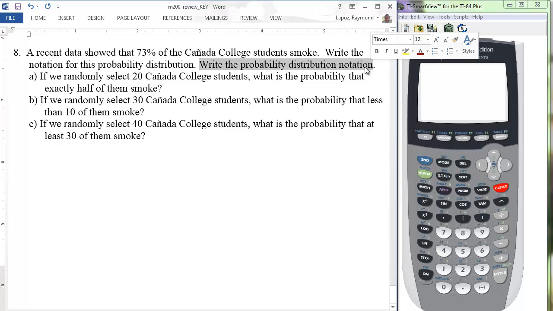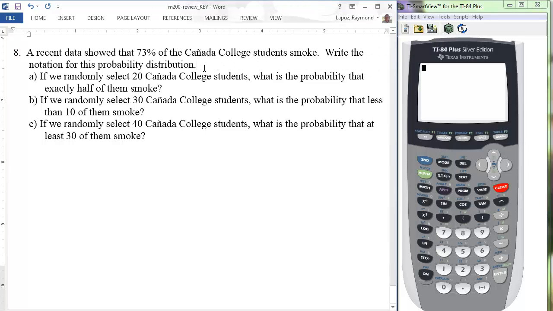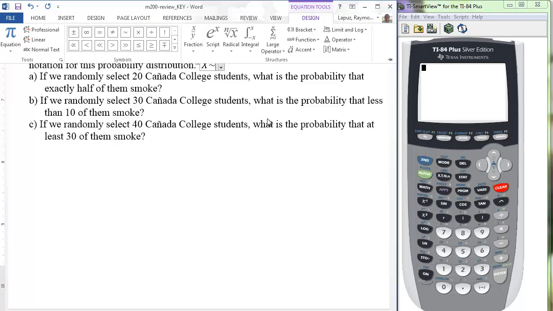So what we want to do is take a look at each of these things. The probability distribution notation for this would be an X and then that tilde, remember.